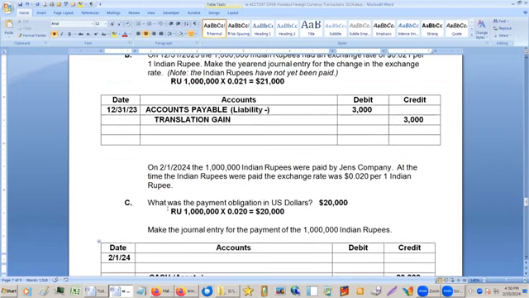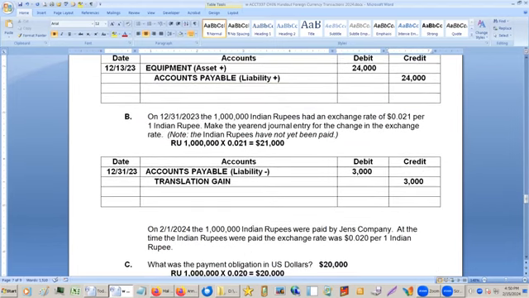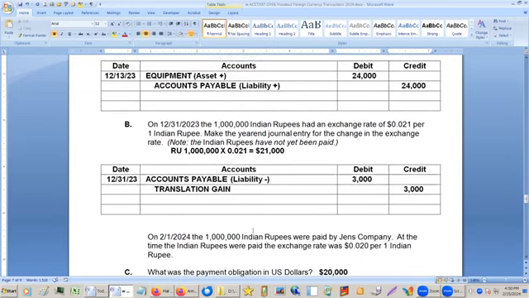What do we have in the accounts payable? Is it like 17,000, right? Or no? No, 21,000. 21.